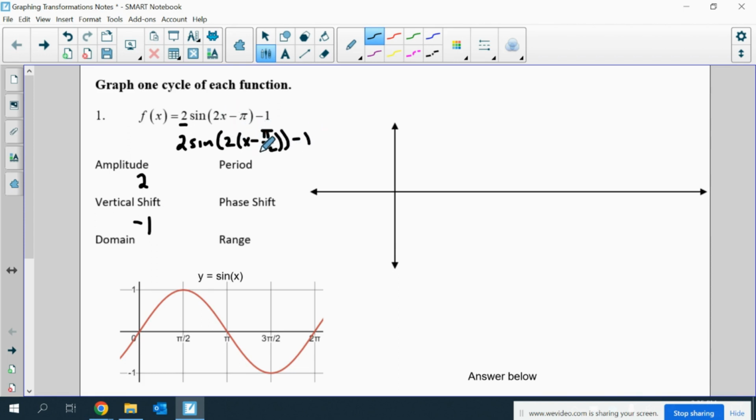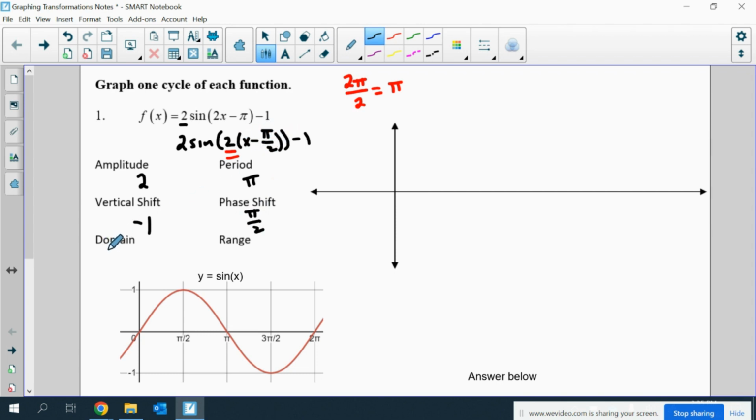So if I factor out the 2, what I see is that the period is related to the b value. If we remember this from last year, I take the typical period of sine, which is 2 pi, and divide that by 2. So that gets me the period of pi.